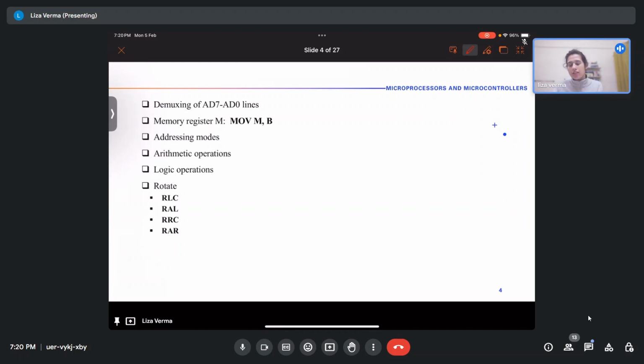We'll have some signal that will help the microprocessor understand when to use it as an address line and when to use it as a data line. So if I want to operate on some data, and data is going to come through these lines, what do you think I need first? The data and the address of the data where it is stored, or the data only?